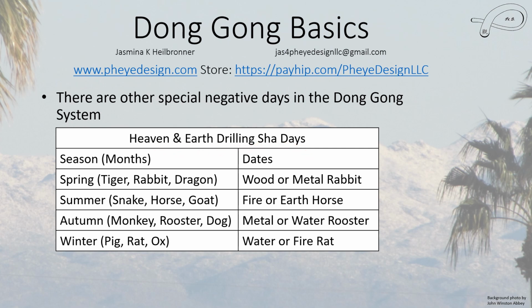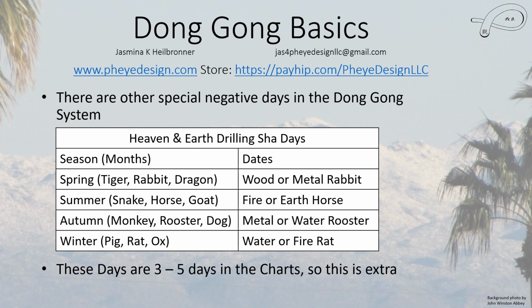Now, on these days, you don't want to dig a hole. You don't want to put a hole in the wall, like even putting a nail in the wall to hang a photo. This is a day you want to avoid doing that. If you look on those charts, the many color charts I just showed you, they range from 3 to 5. But this is definitely a negative day, though a negative day for a specific purpose.